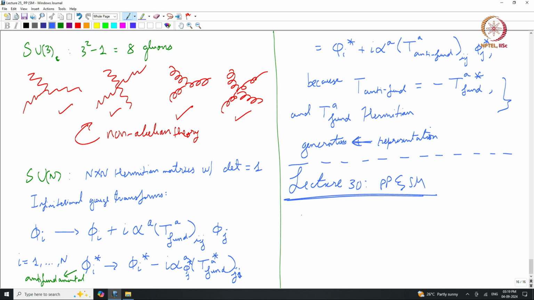So in general you would put the representation's name as a subscript. So if you don't write anything, it's understood that it's by default in the fundamental representation.